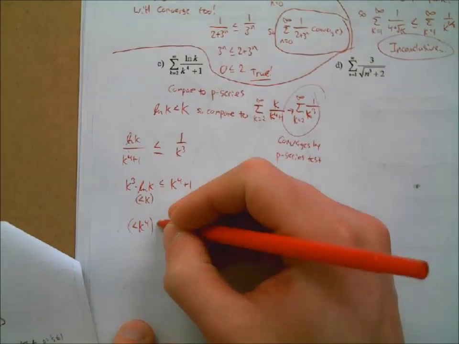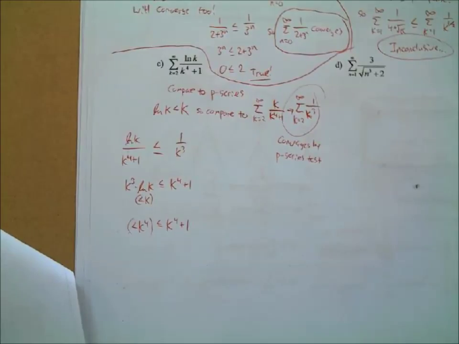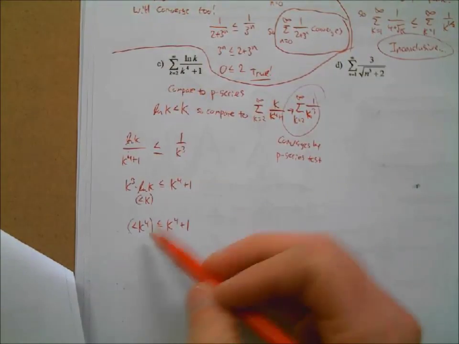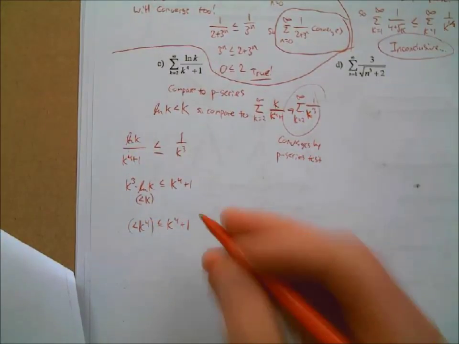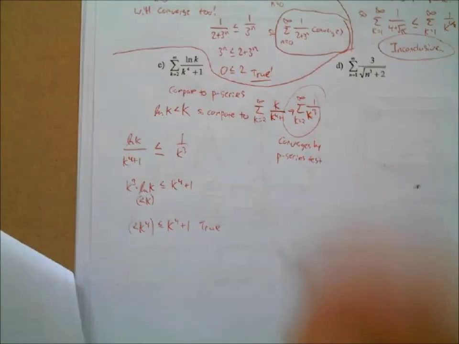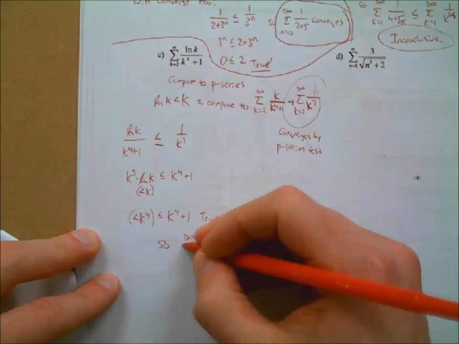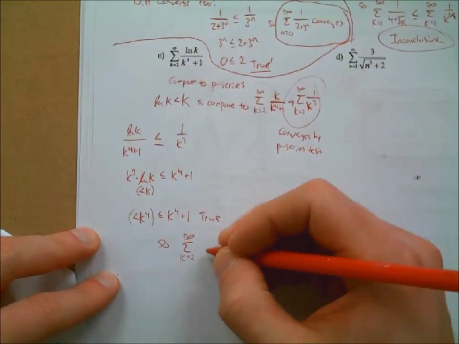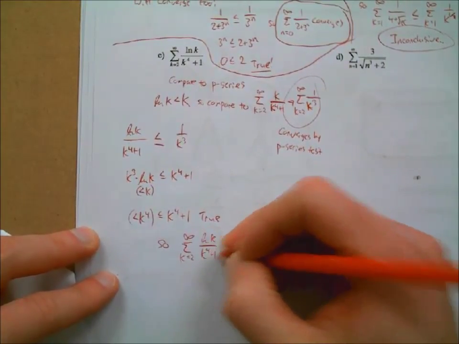And we're saying that's going to be less than or equal to k to the 4th plus 1. Well, is that going to be true? Yes, this is something smaller than k to the 4th. This is k to the 4th, and then plus 1. And so yeah, this is true. And so we can say then the sum from k equals 2 to infinity of the natural log of k over k to the 4th plus 1 will also converge.